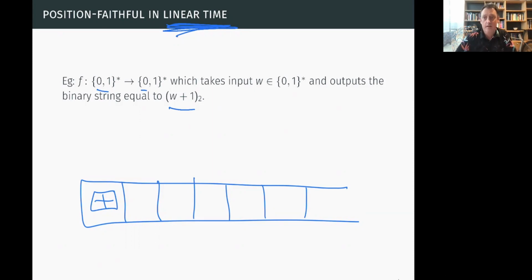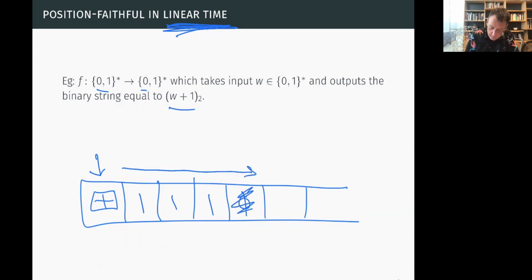I've got a binary number. Now, if it ends in 0, I simply overwrite it by 1. I start here, I scan up here, rewrite it, and this is still a blank symbol, and so that's it. And if it was a 1 there, I would move that blank symbol, and I'd write a 0, and I'd write a 1, and so on. My writing's a bit messy.